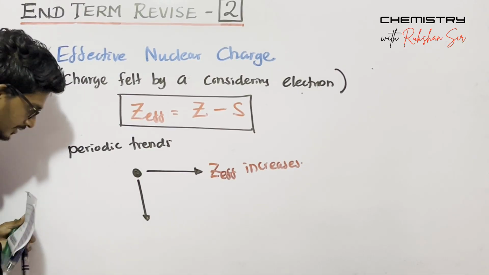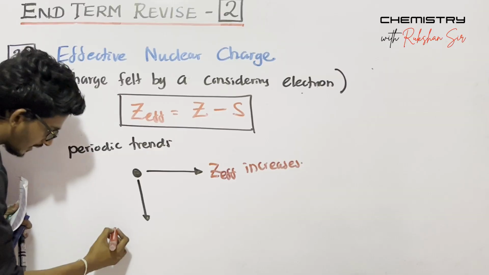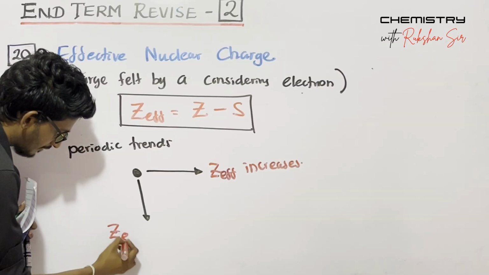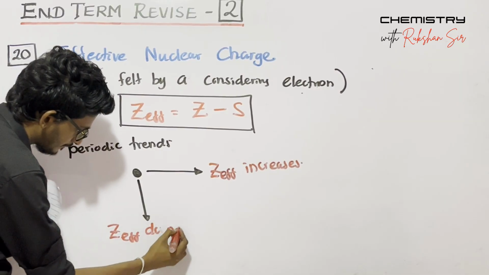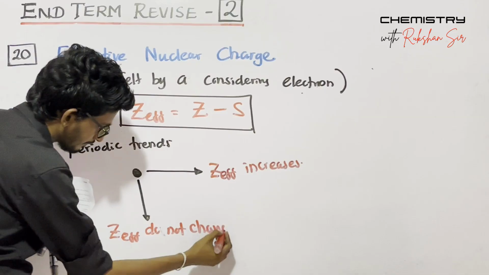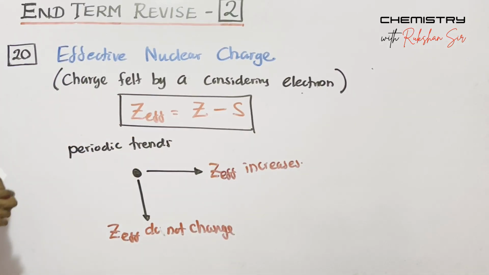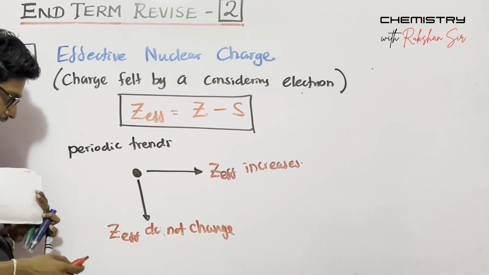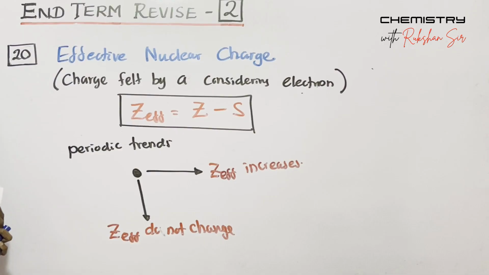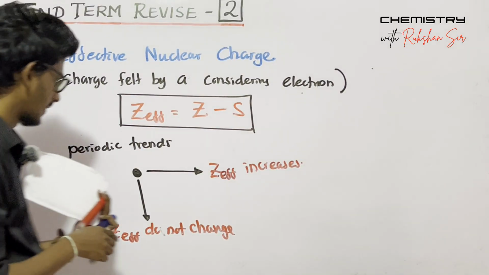Then going down a group, the effective nuclear charge does not change. Zeff does not change going down a group, right?